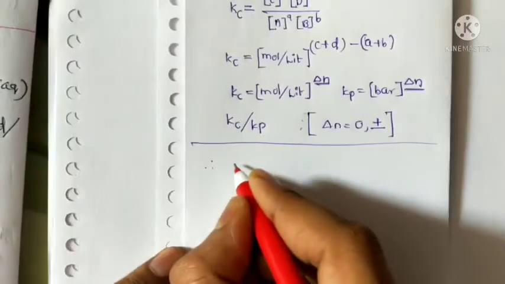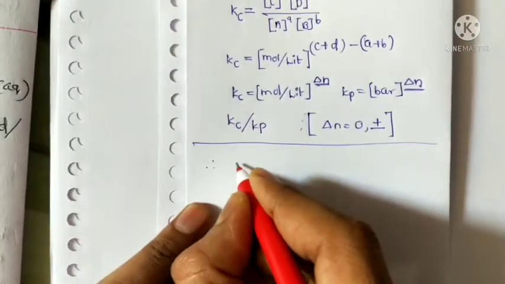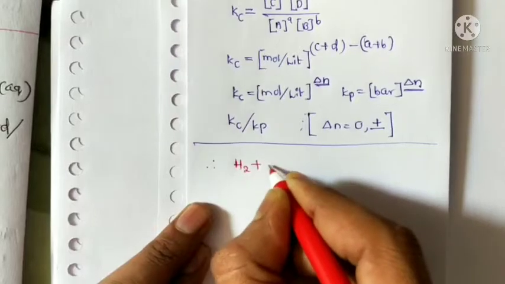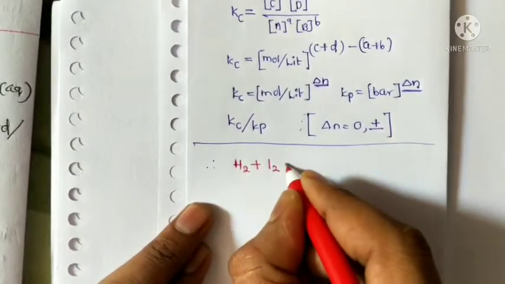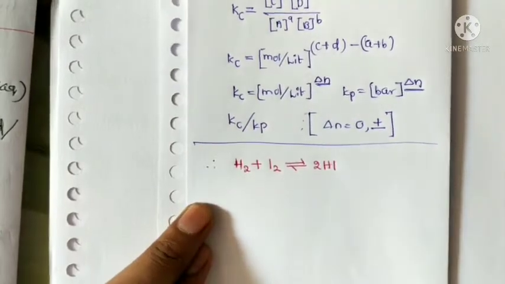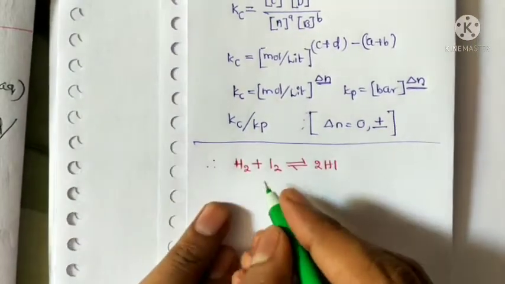Let's see one reaction: hydrogen reacts with iodine to form 2 moles of hydrogen iodide. First of all, we find delta n.